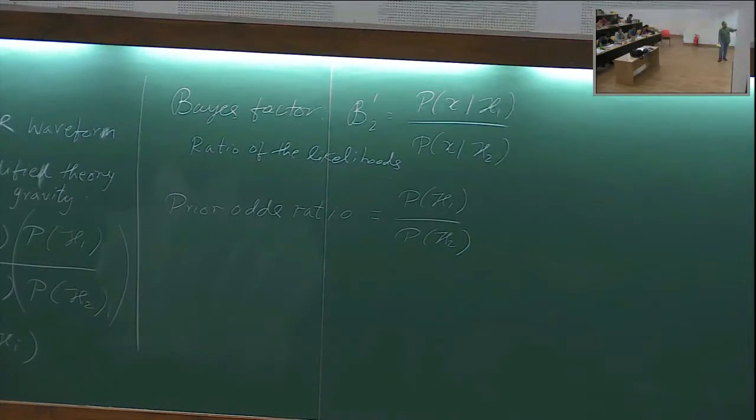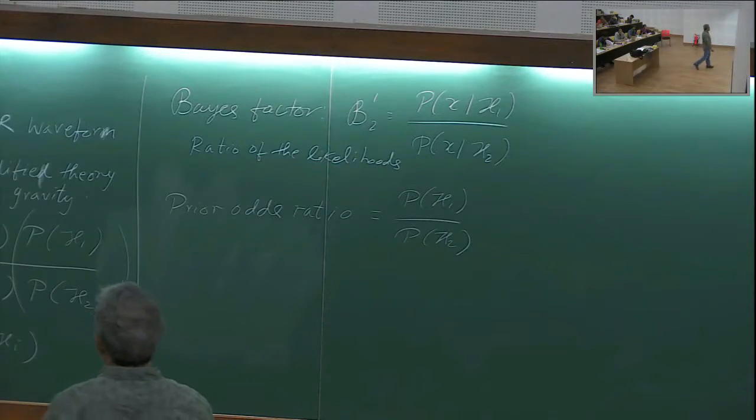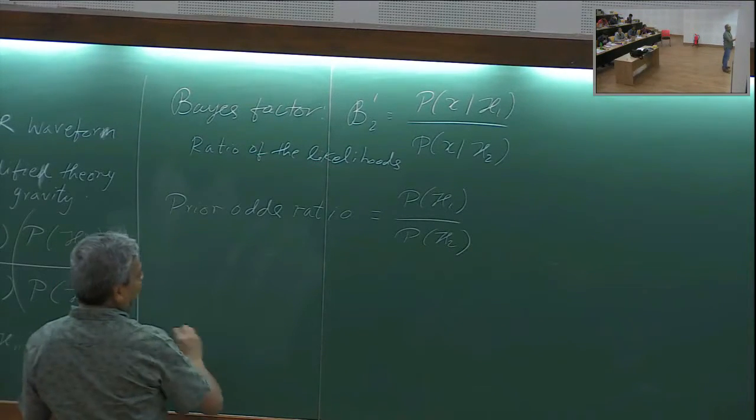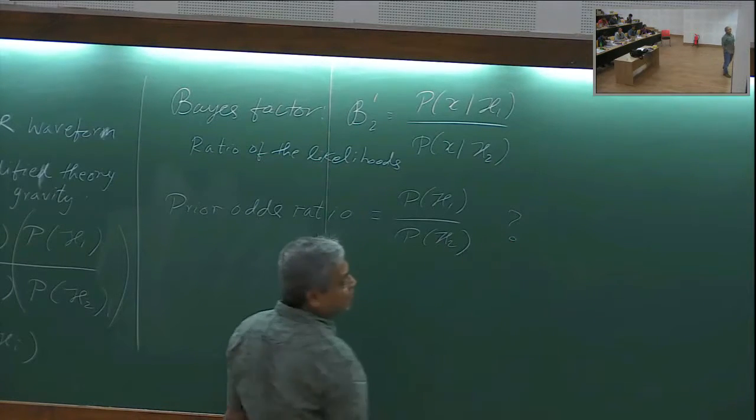Your likelihood ratio should dominate in order for you to make definitive or confident conclusions about which model should be preferred. So the prior odds ratio should be handled with care. It is questionable.